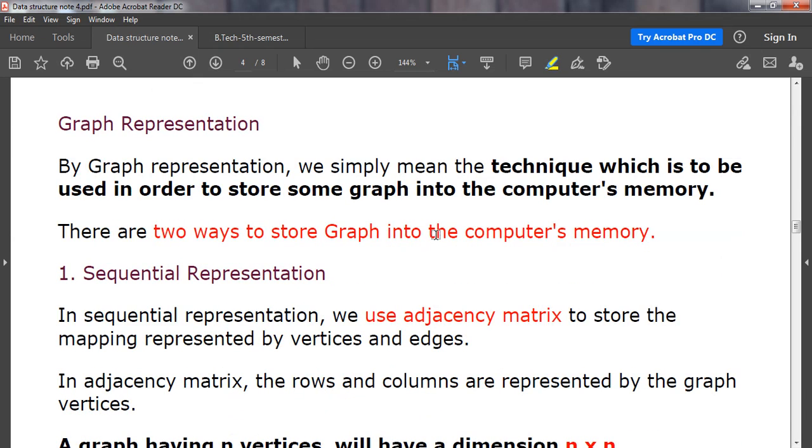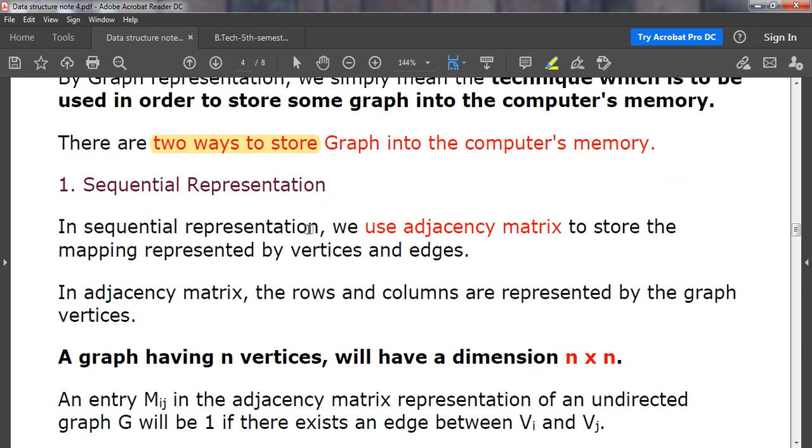Now graph representation. What is graph representation? It simply means the techniques which we use in order to store a graph in the computer's memory. There are two ways of storing the graph. One is the sequential representation, where we use the adjacency matrix to store the mapping of vertices and edges.